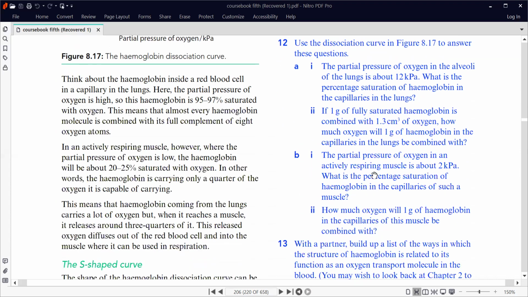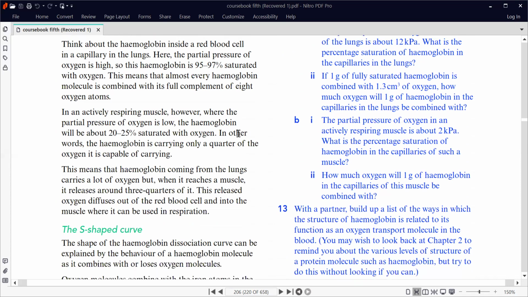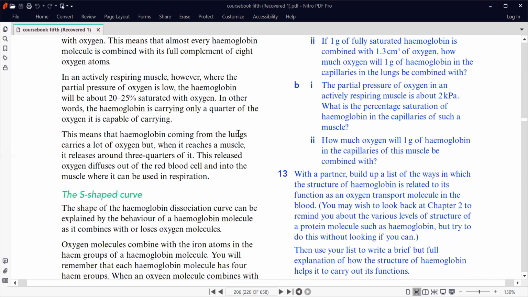Think about the hemoglobin inside the red blood cell. Here the partial pressure of oxygen is high, so the hemoglobin is 95 to 97% saturated with oxygen. This means that almost every hemoglobin molecule is combined with its full complement of 8 oxygen atoms. 8 oxygen atoms means 4 molecules of oxygen; one heme group is carrying 2 oxygen atoms, so 4 heme groups are carrying 8 oxygen atoms and 4 molecules of oxygen.